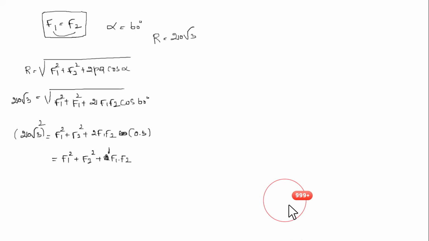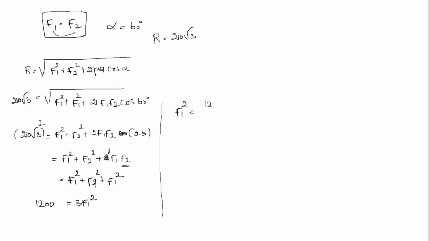Now F1 squared plus F2 squared plus F1 F2, where F2 is equal to F1, so totally 3 F1 squared is equal to (20 root 3) squared, right. So 20 into root 3 squared is equal to 1200, right. So F1 squared is equal to 1200 divided by 3, which is equal to 400.